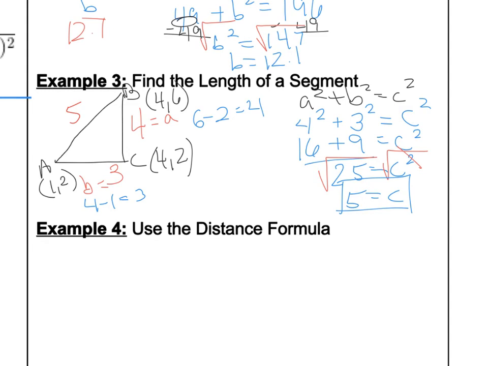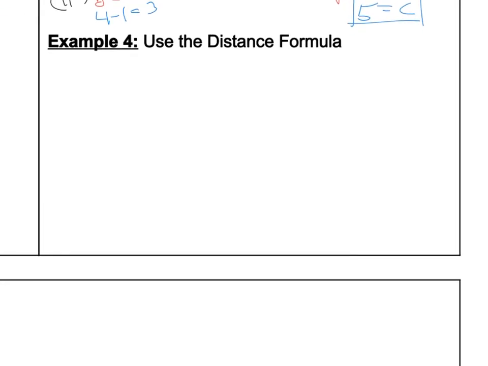Let's talk about example 4, which is basically, what if I want to figure out the hypotenuse of the triangle? But maybe we're just given some points. Or maybe we just want to find the length of a segment. So for example, if I have a point here going down to a point there, on the coordinate plane, pretend it's on a grid.